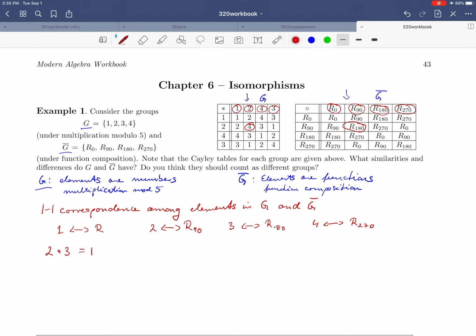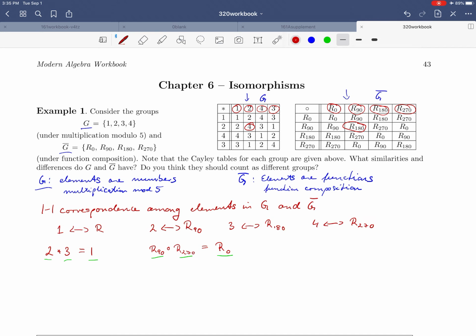And in G bar, the corresponding group action would be R90, because that's what 2 corresponds to, composed with R270. And that is R0. So 2 corresponds to R90, 3 corresponds to R270, and the outcome 1 also corresponds to R0. So we are keeping the group action under this one-to-one correspondence.